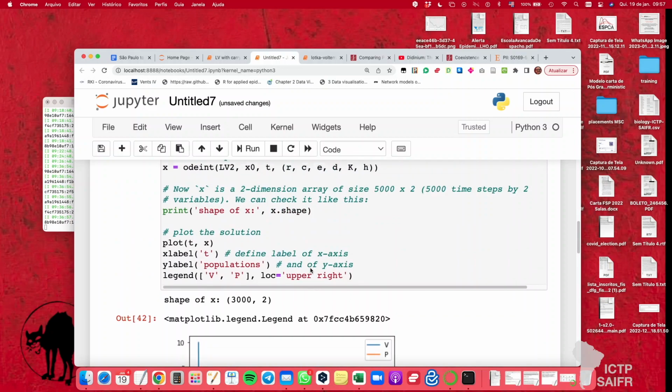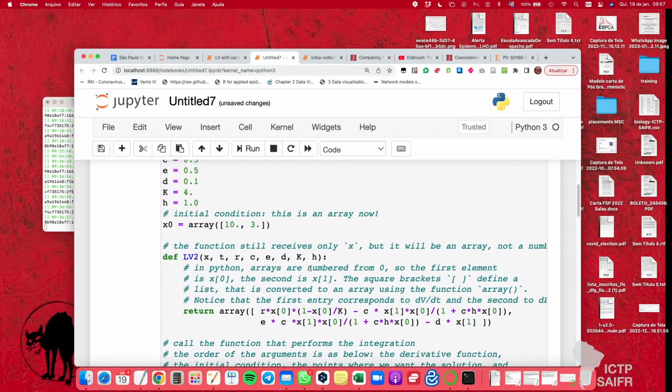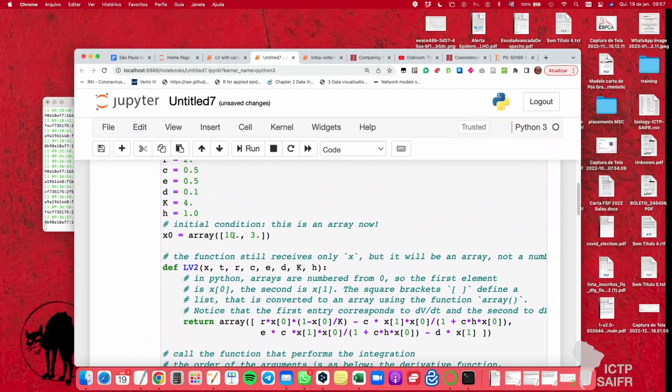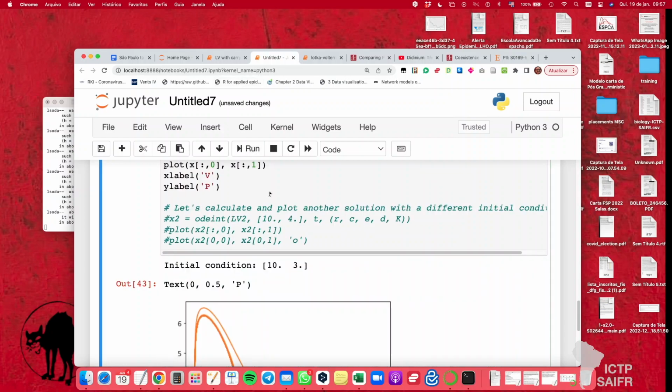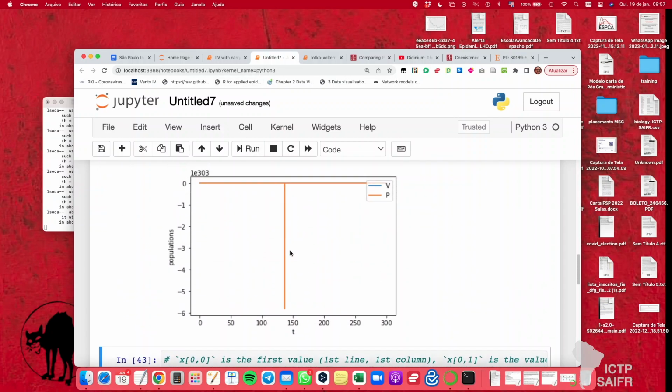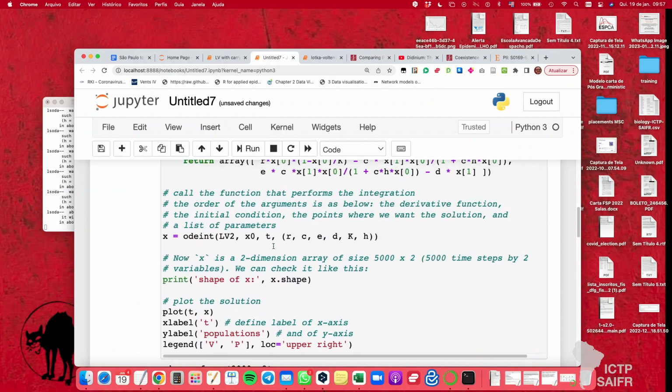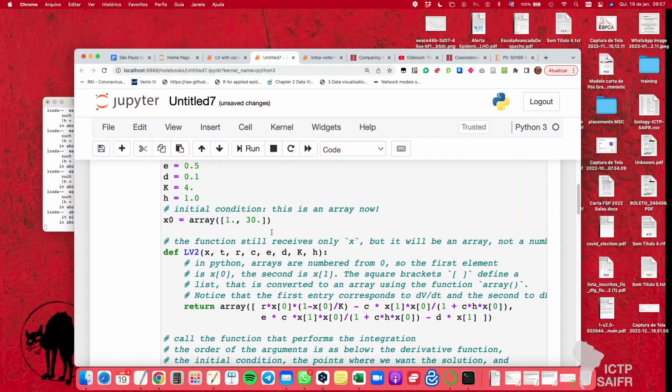Now let's try to modify the initial condition. Let's put 1 here, and put 30 here. Okay, so super different. Run it. Too bad, problem with 1 and 3.